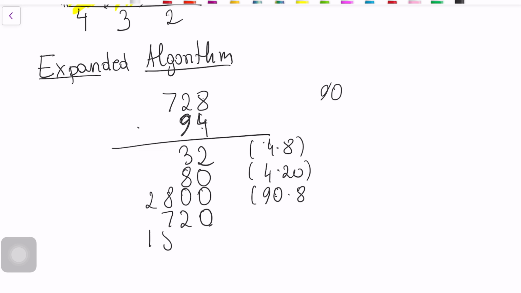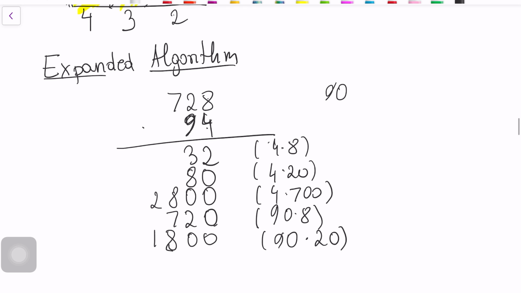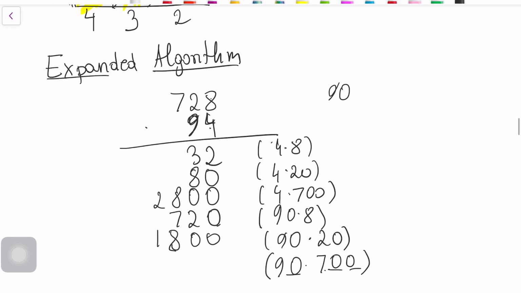Oh, I still forgot about 4 times 700, so I'm going backwards. Now 90 times 8, then we're going to have 90 times 20, so that's 18 and 2 zeros, right? I wanted you to see it. And 90 times 700, so you can do 9 times 7 and then three zeros. 9 times 7 is 63 and 3 zeros.